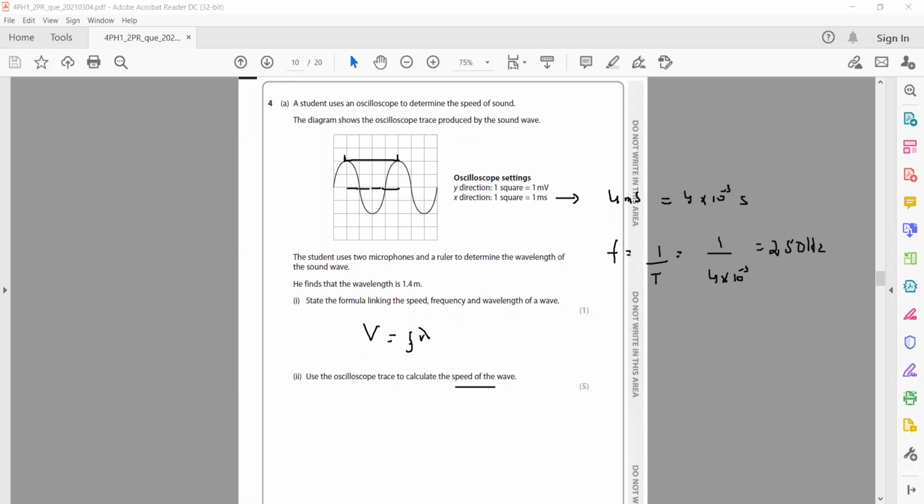And the wavelength is 1.4, so we have the formula v is equal to f lambda. So 1.4 multiplied by 250, we'll get the speed at which this wave will travel, which is about 350 meter per second.